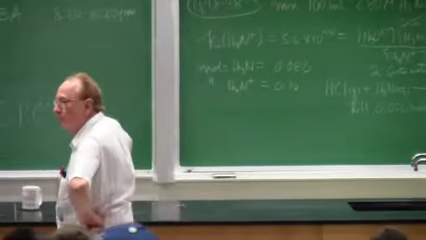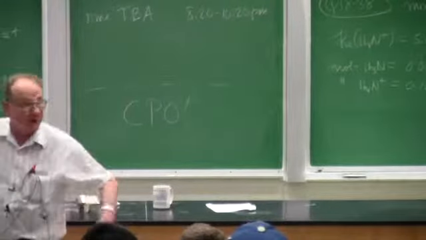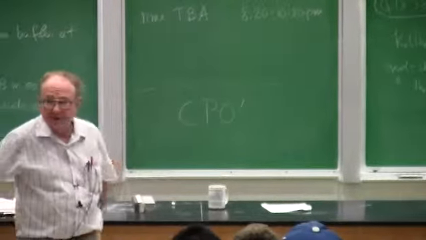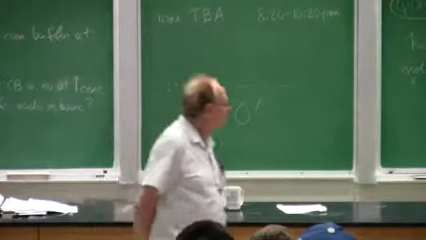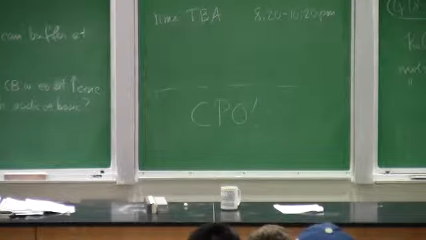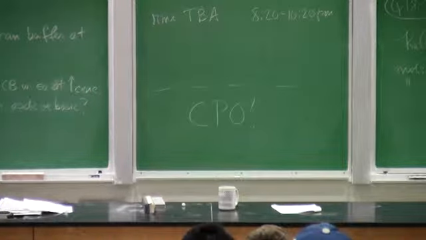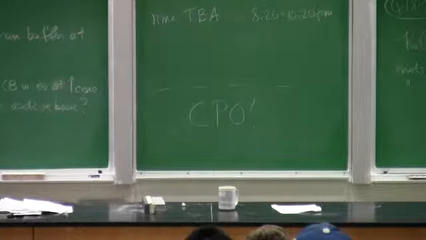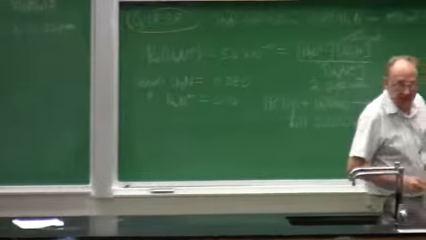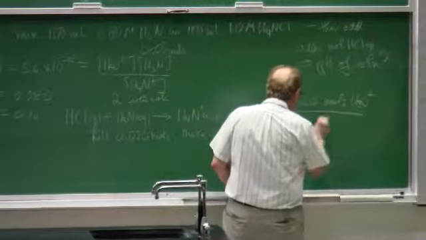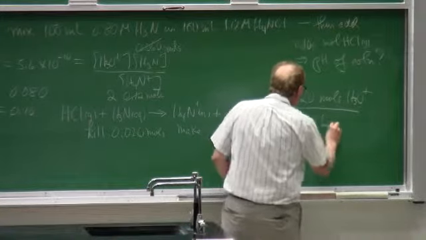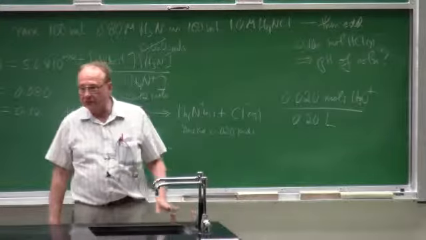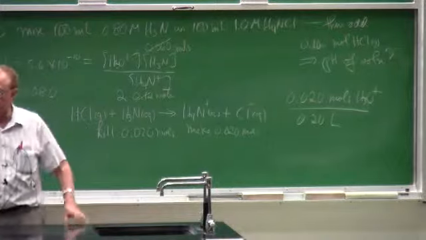And if 0.020 moles of HCl is dissolved in 200 milliliters of water, I will in fact have 0.020 moles of hydronium ion, because I know the HCl reacts with water to an extent of 100% to make hydronium ion, over a total solution volume of 0.20 liters.